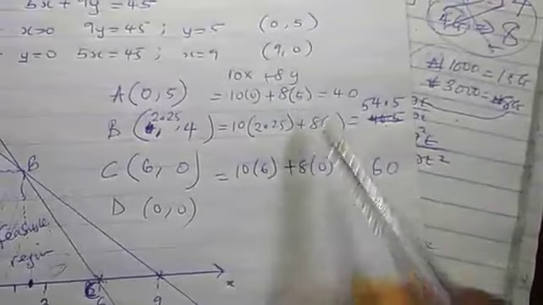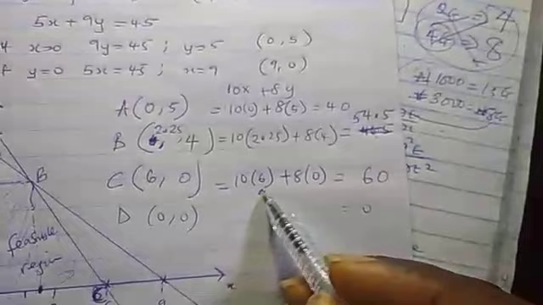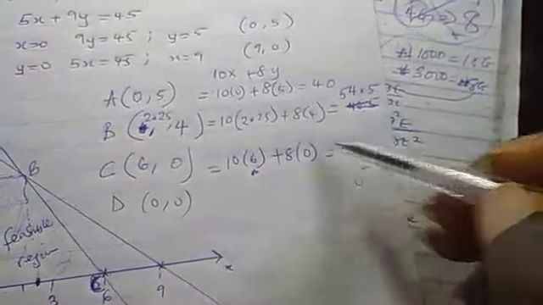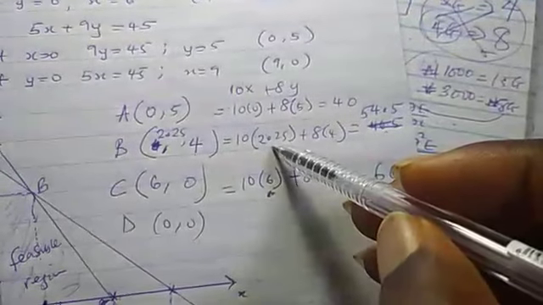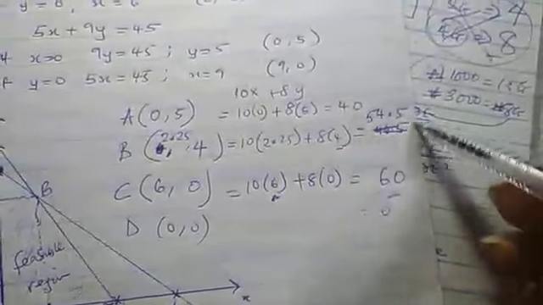With what I got here, the interpretation is that if they produce 6 of product x, they will get a maximum profit of 60. But if they produce 2.25 of x and 4 of y, they will get this.